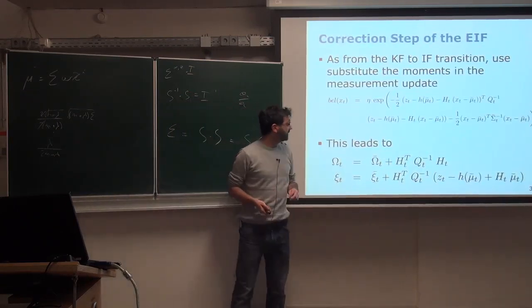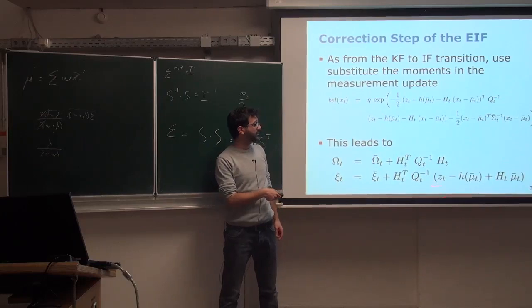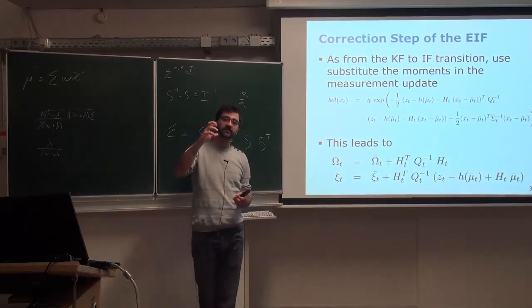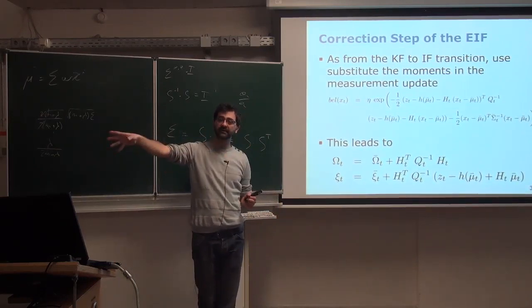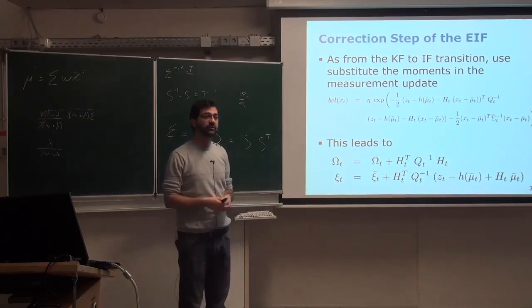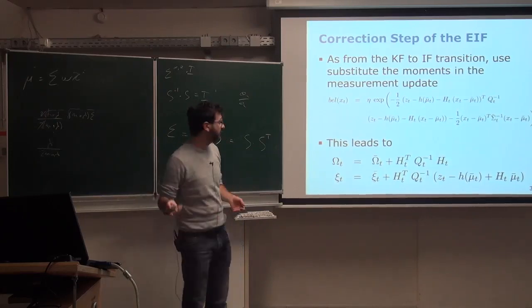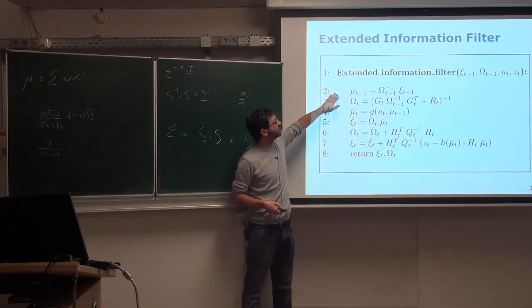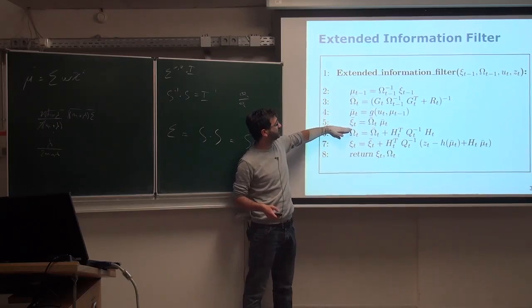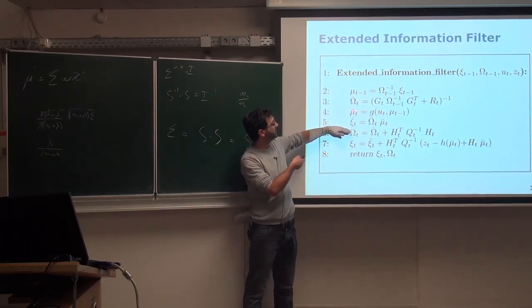The correction step is again similar. We need to recover the mean, but we can also expand the state by just considering the mean that we computed before and propagating it through the function. So we don't need to compute it again and again. And we end up with the final form of the extended information filter, where this part here, up to here, covers the prediction step, where we recover the mean and predict the mean.